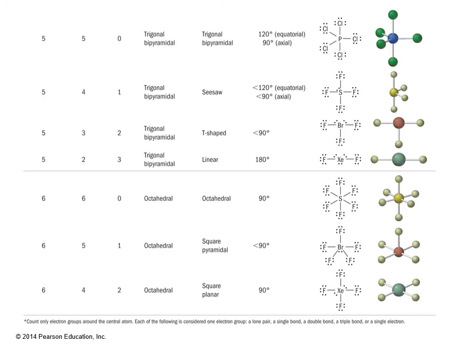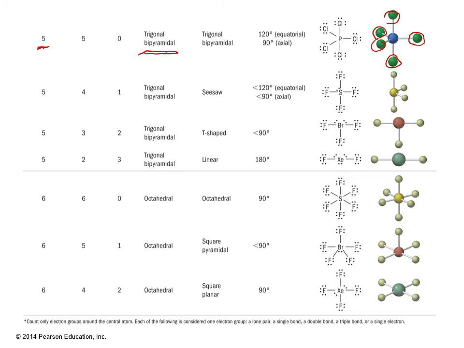If we look at the case where we have 5 electron groups with all 5 of them bonded, we call this trigonal bipyramidal. So trigonal because we have 3 atoms around the center. This we refer to as the equatorial atoms. We also have 2 axial atoms as well.